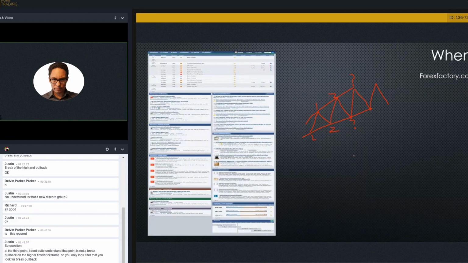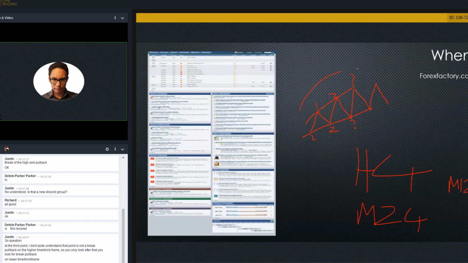The higher time frames like the H4 and the M24 and the M12, that is what I'm looking for, is structure. Draw patterns on these H4s, M12s. That is your extremes. The points here, there, that's your extreme.